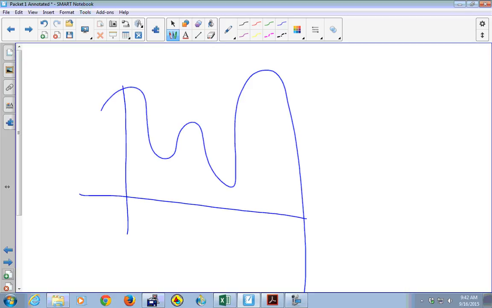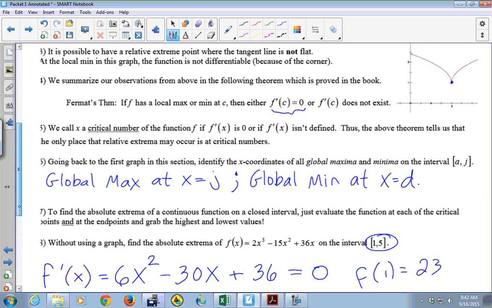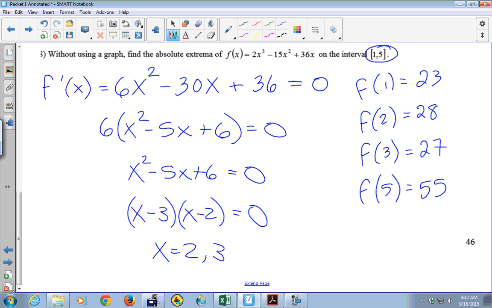So I need to look at my 1 and at my 5, right? So I've got some critical points in between, and then I have to see if the endpoints are higher or lower than the peaks and valleys I find in between. I divided both sides by 6, because 0 divided by 6 is still 0.